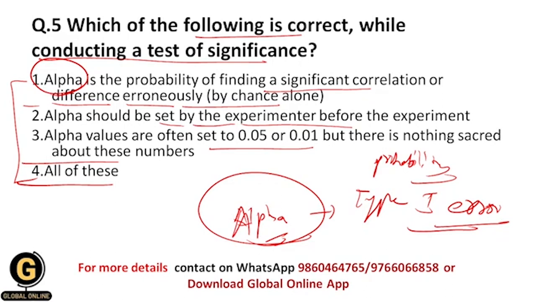Again, this statement is correct because the smaller the value of alpha, the greater the significance. I mean to say that your test results will be more significant when the alpha value is smaller. All of you getting? And that's why all of these options are correct in regard to the test of significance.